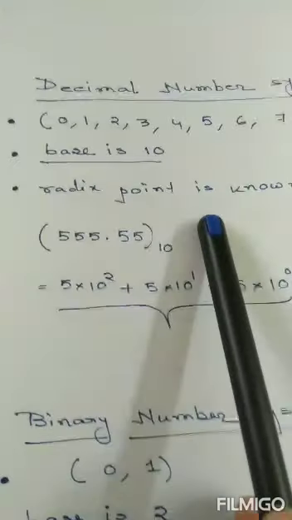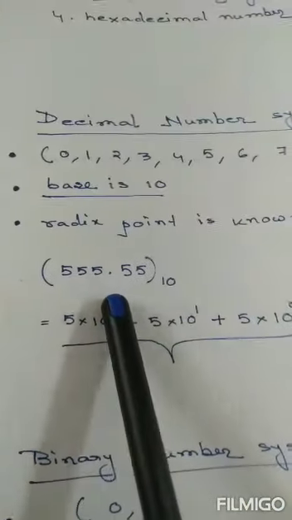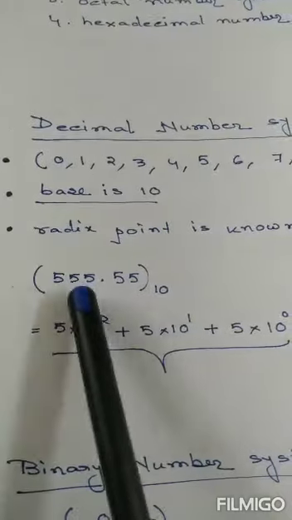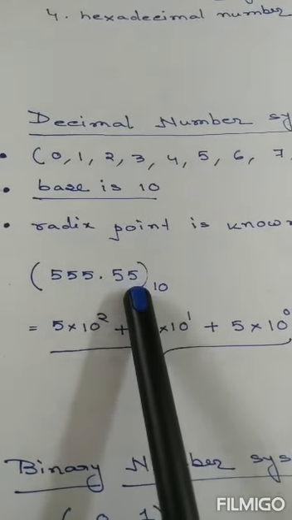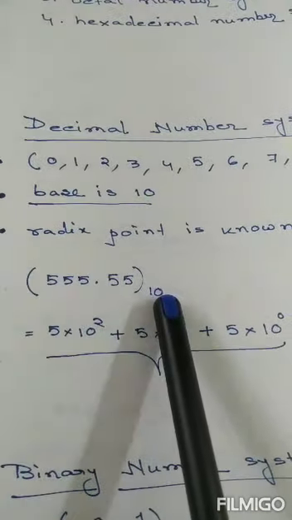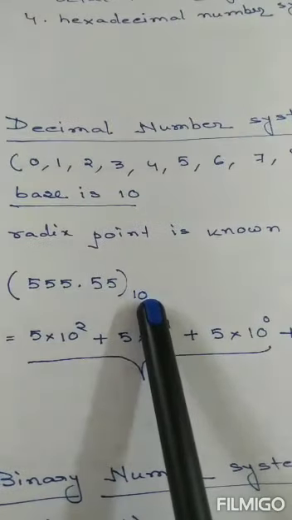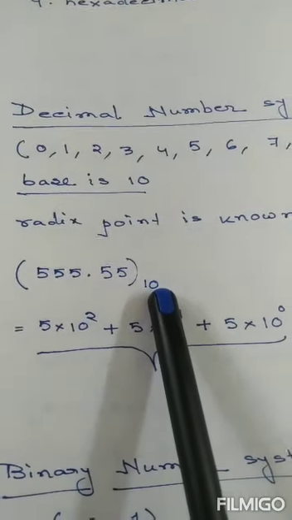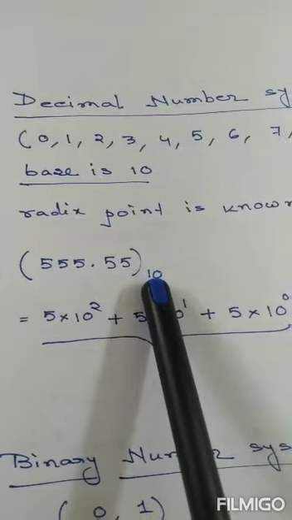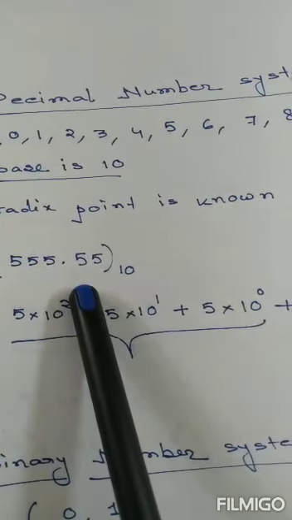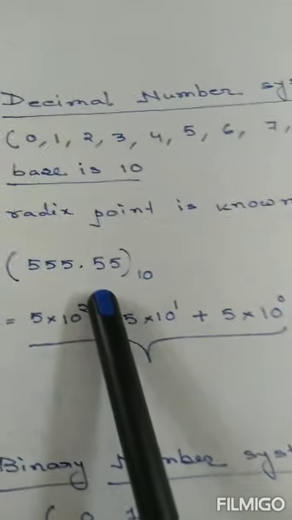Now suppose we take an example, 555.55 with base 10. From this base we know that this is a decimal number.